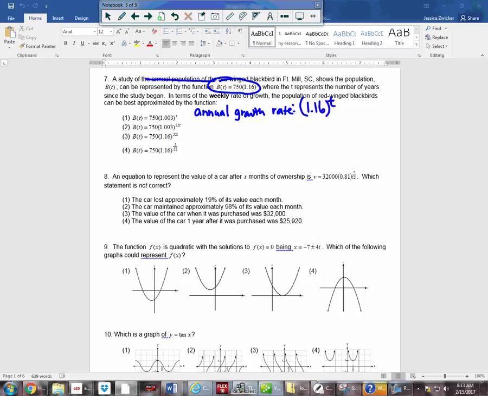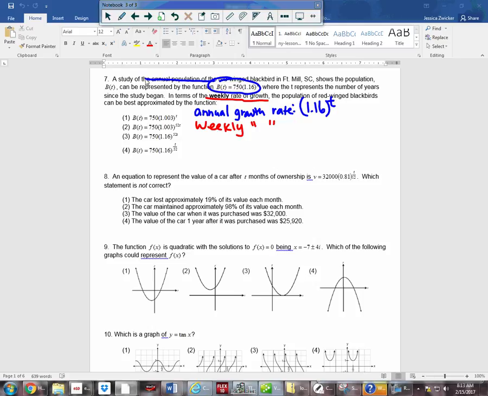Let's keep reading. T represents the number of years since the study began. In terms of the weekly rate of growth, so they want me to make this a weekly rate of growth. The population can be approximated by, okay, well, let's see.